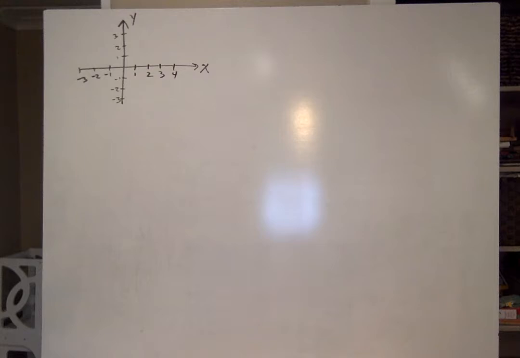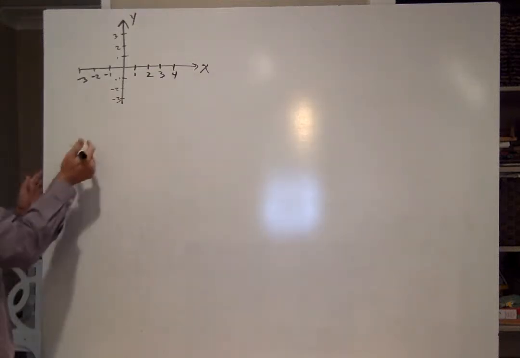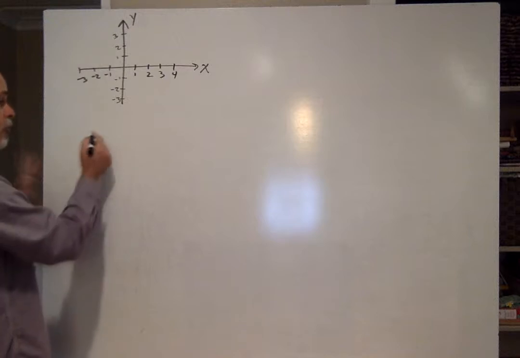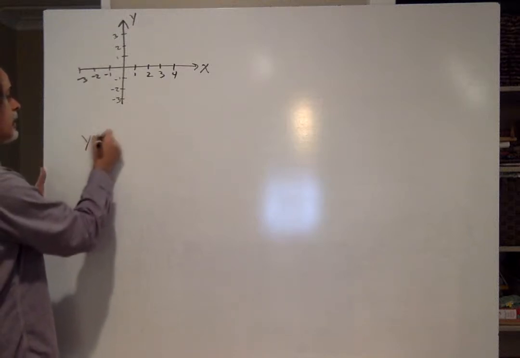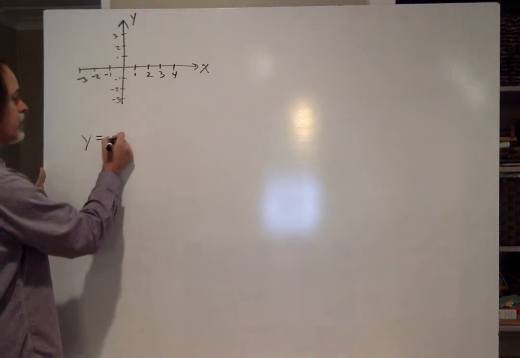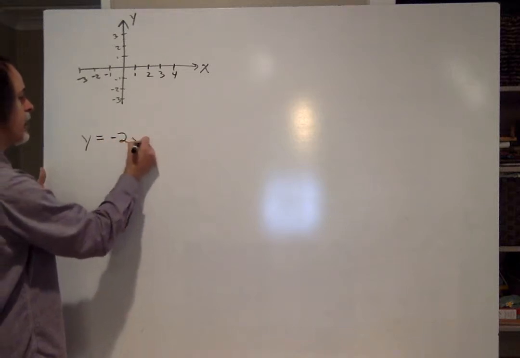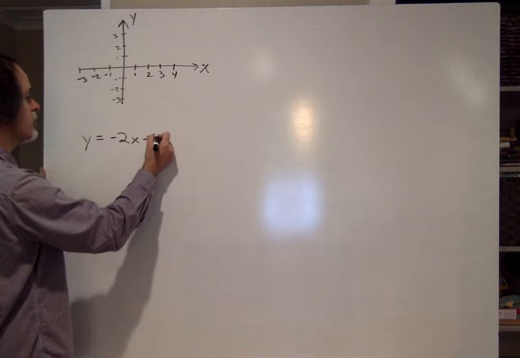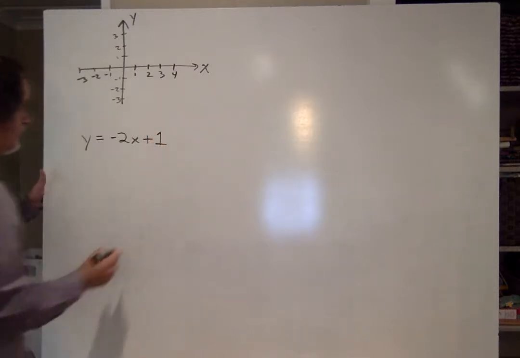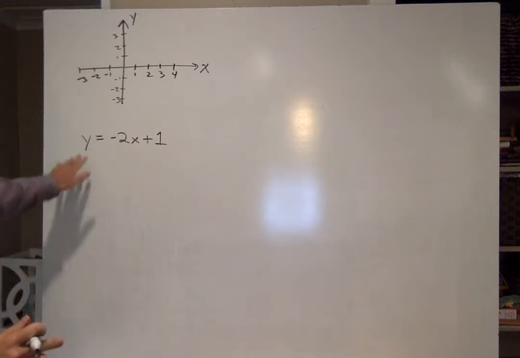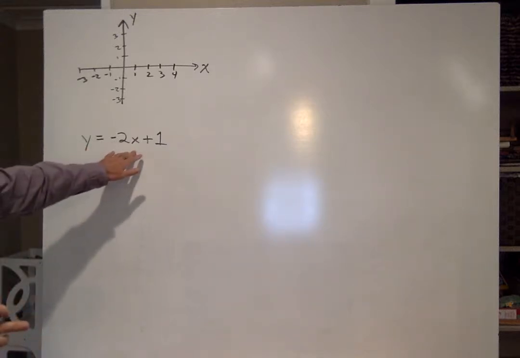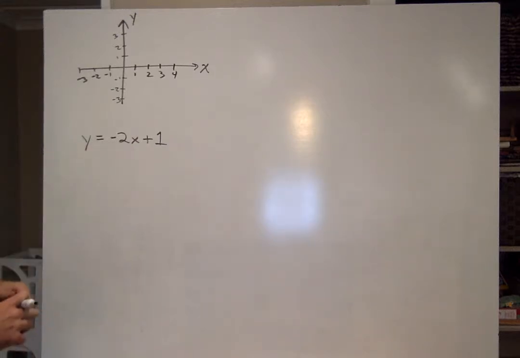So, you will recall from 7.1, we learned that if I have an equation, let's say y equals minus 2x plus 1, that equation, where x is an input, will tell me what y is.